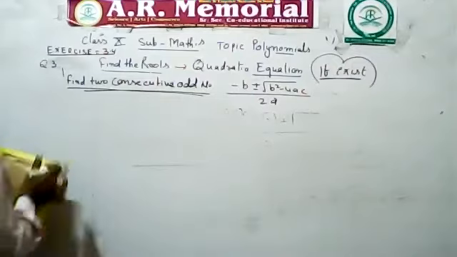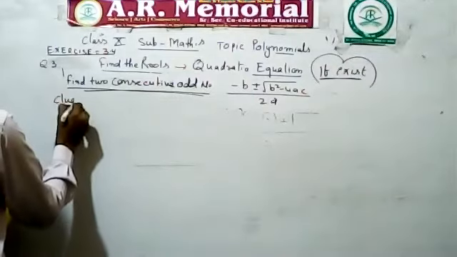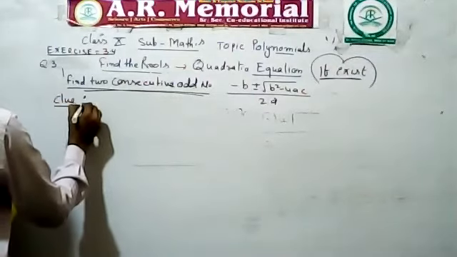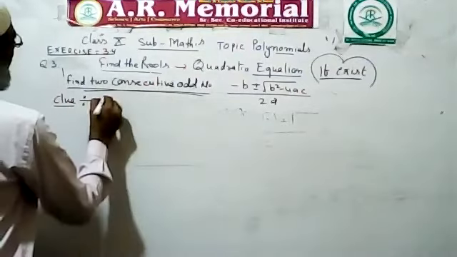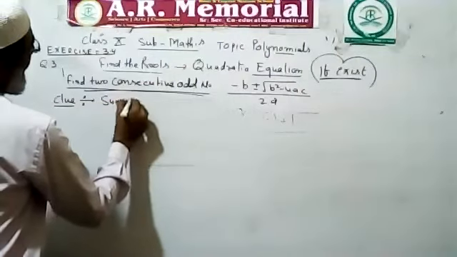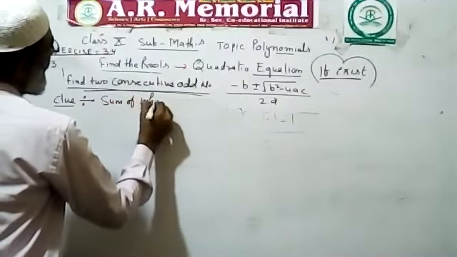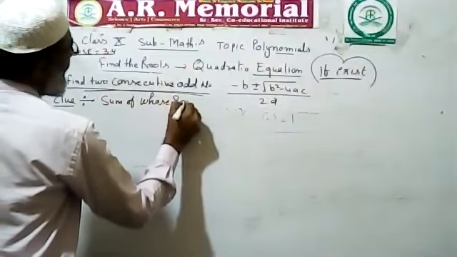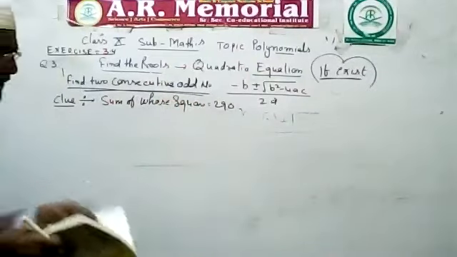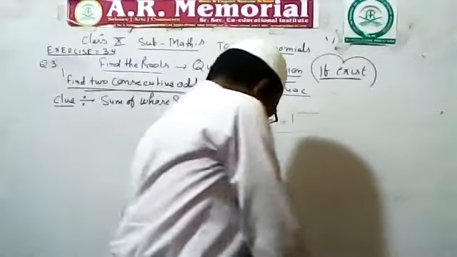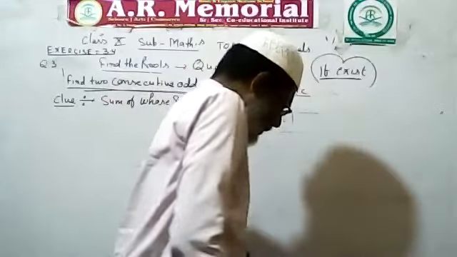The clue is "sum of whose squares". We can use this. The sum of whose squares is 290. This is the question, given in vertical form.